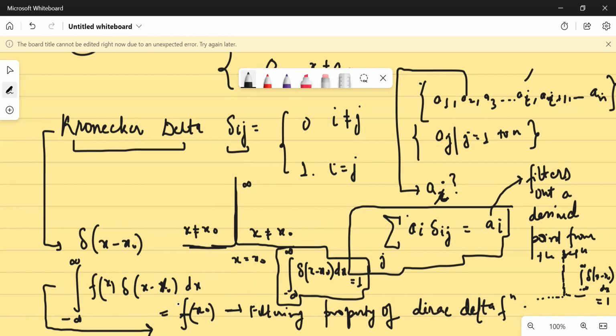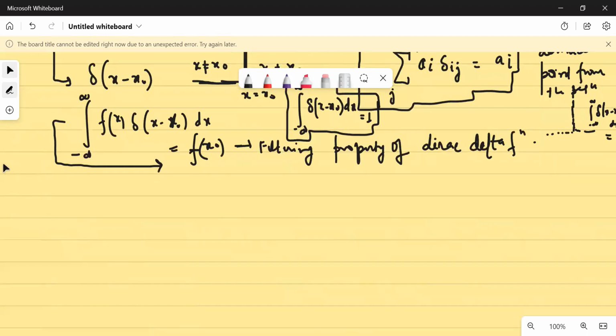Now, let us move ahead and see whether it is possible to somehow visualize the Dirac delta function. So can we really visualize it? Let us see how we can visualize it.